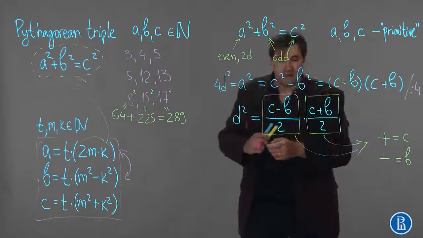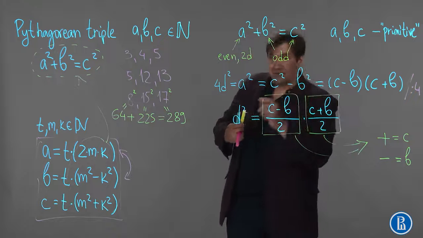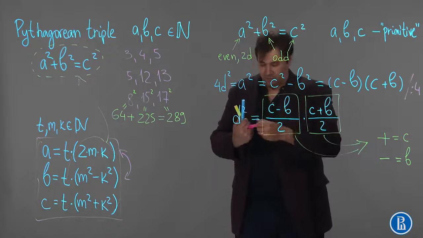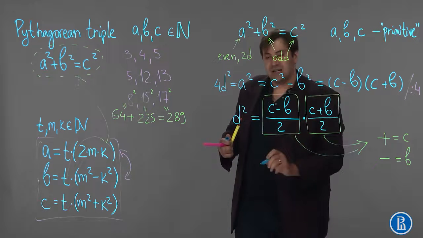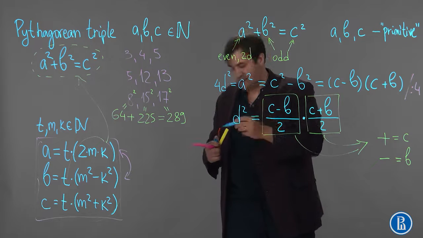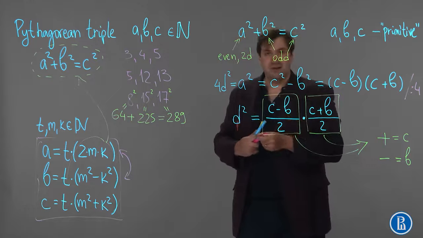This means that since they're mutually prime, and taking into account that their product is a square, we can conclude that each of them is a square.